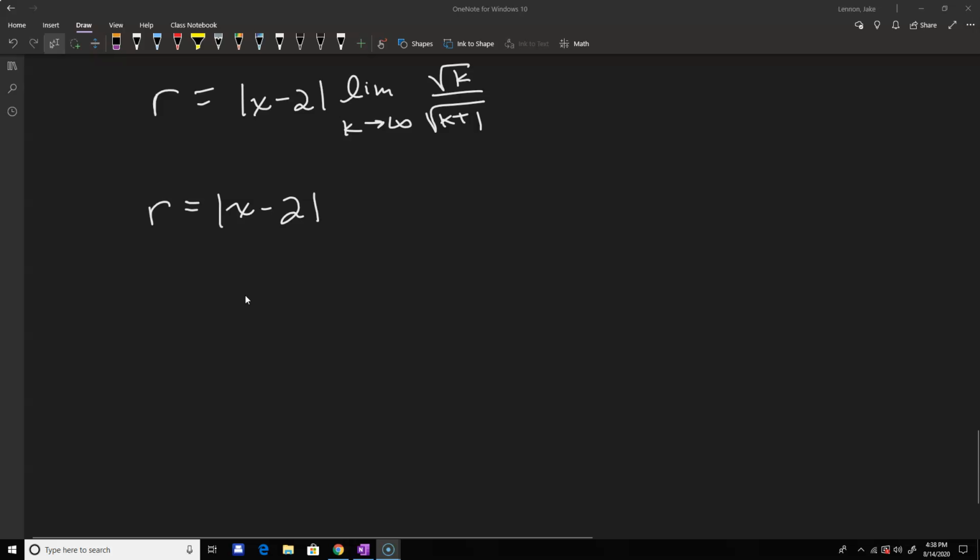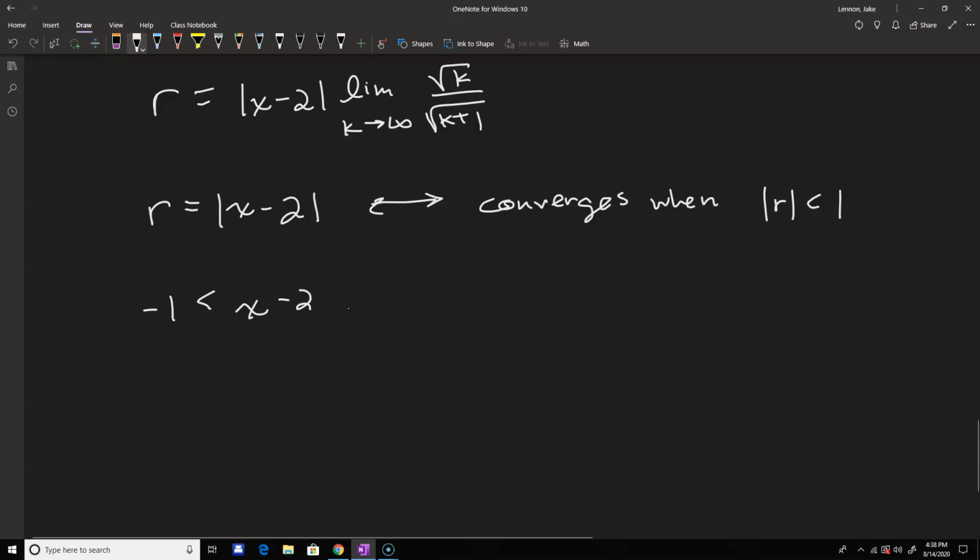So this only converges when the absolute value of r is less than 1. So this will converge when negative 1 is less than x minus 2 is less than 1. If you add 2 to both sides, you get 1 is less than x is less than 3. So that tells us our interval of convergence.